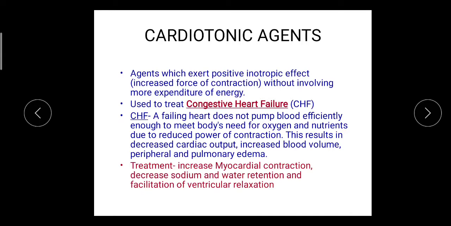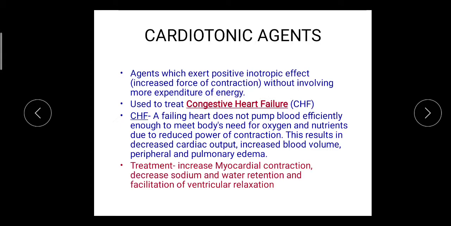In this, the efficiency of the heart muscle is reduced, that is, there is reduced force of contraction due to overloading of the ventricles. In this condition, the blood supplied to the heart is not able to meet the metabolic demand of the heart for oxygen. So CHF occurs when there is more demand of oxygen by the heart than its supply.